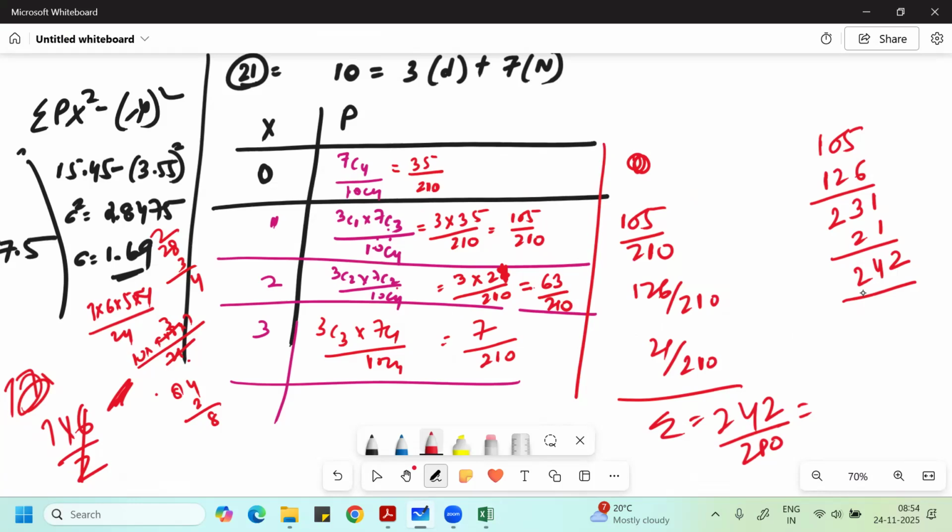What is 7C2? 7 into 6 by 2, 7C2 is 21. 63 twos are 126. 3C3 is 1, 7 is 7 by 210, 21 by 210.